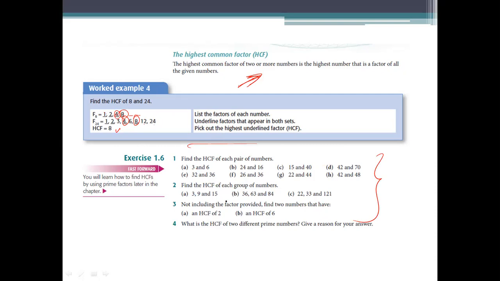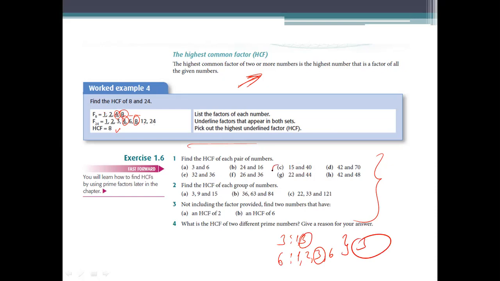For example, 3 and 6. The factors of 3 are 1 and 3. The factors of 6 are 1, 2, 3, and itself 6. So the common factor is 3. The answer is 3.